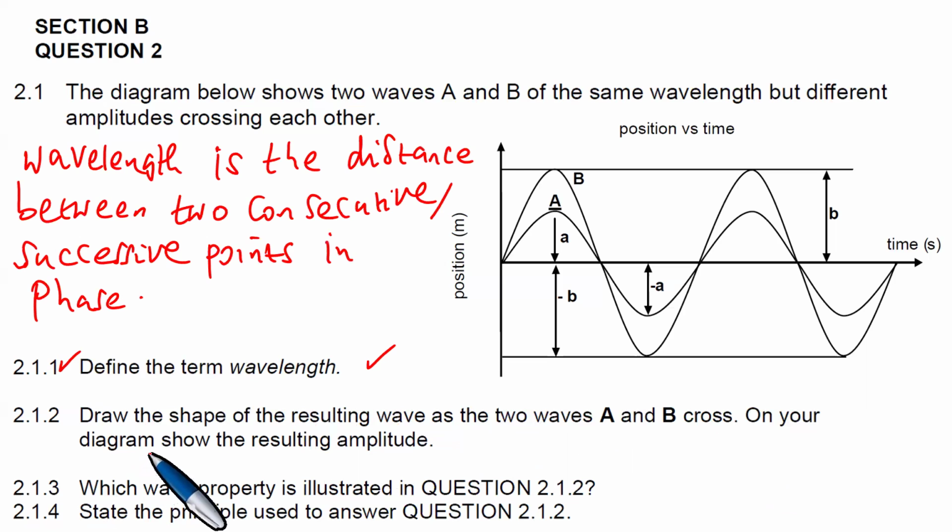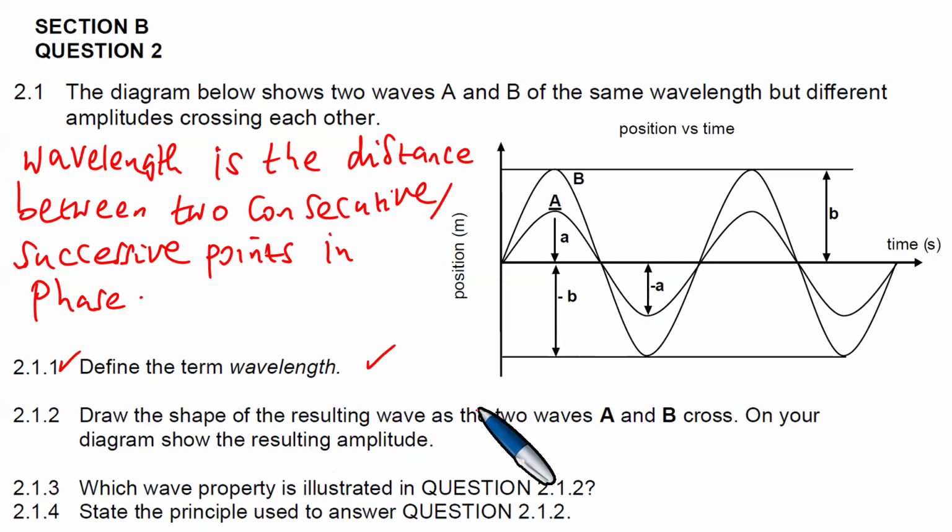On your diagram, show the resulting amplitude. Take note of this. What are you supposed to do? You need to draw the shape of the resulting wave as the two waves A and B cross.